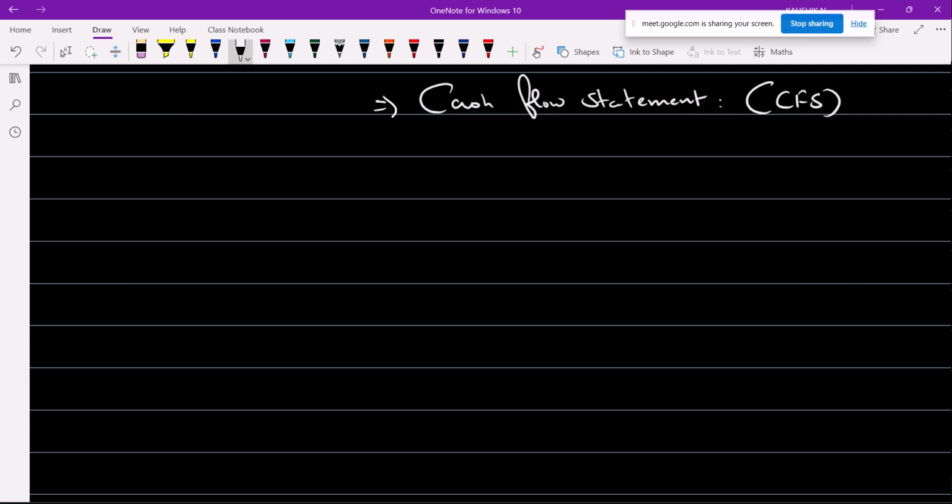And this CFS is prepared on the basis of accounting standard AS 3.